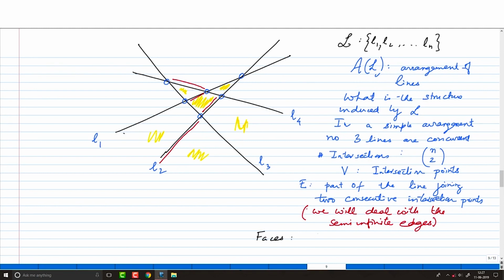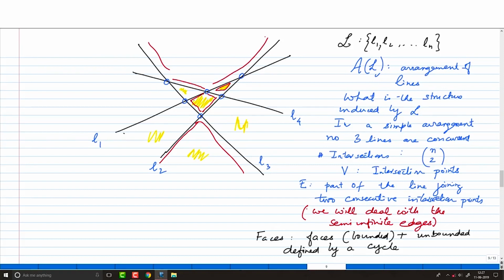So the faces, bounded plus unbounded, are defined by a cycle. There is clearly a cycle of vertices defining this face. Unfortunately, this is not a closed cycle. So this is open; these are unbounded.